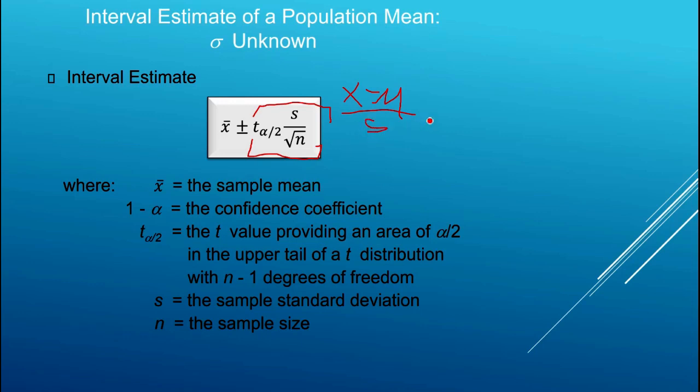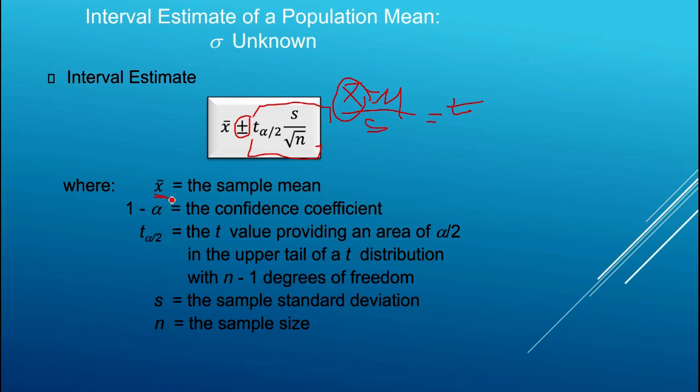And that was equal to a standardized value. Now we're taking the standardized value, and in a sense we're solving this for x again. And we need to go on both sides of our estimate. We need to go both below it and above it, which accounts for the fact that we're both adding and subtracting here. This will be clear when we work through an example.